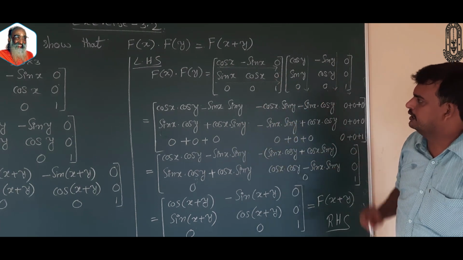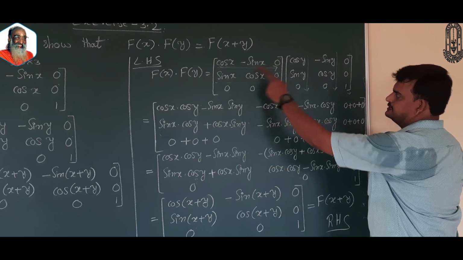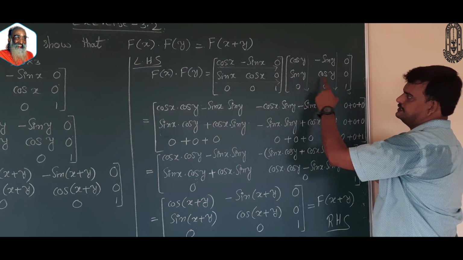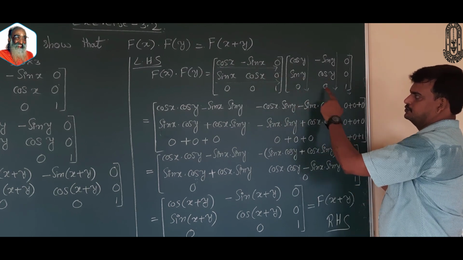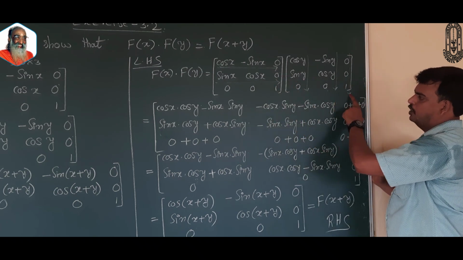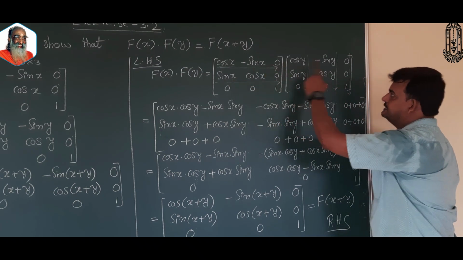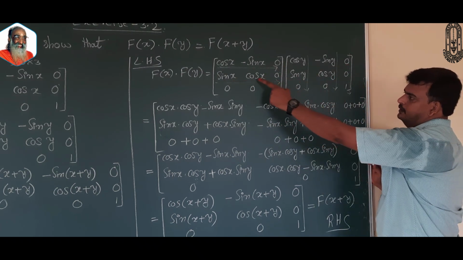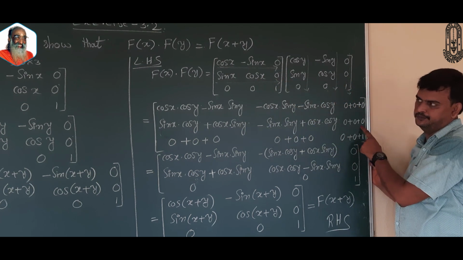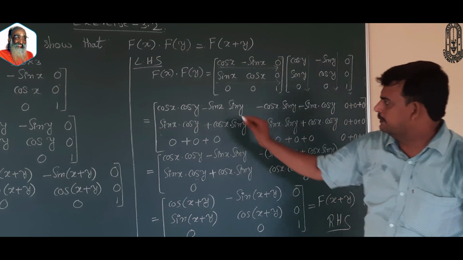Now with column 2 elements, sin x into minus sin y plus cos x into cos y, 0, 0 is 0. Now row 2 and column 3, sin x into 0, 0, cos x into 0, 0, 0, 1 is 0. So again row 2 is completed.